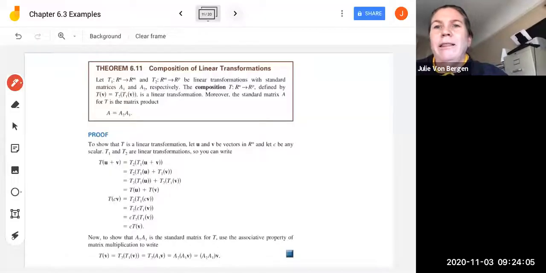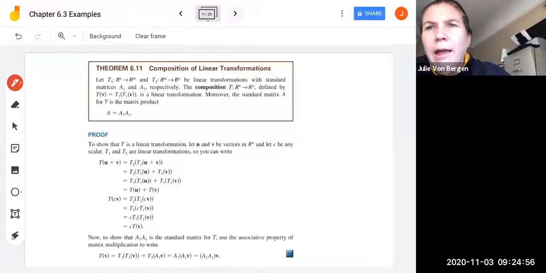Let's take a look at theorem 6.11. Theorem 6.11 says we let T1 map from Rn to Rm, and T2 map from Rm to Rp, and these are linear transformations with standard matrices A1 and A2, respectively. So standard matrix A1 is associated with linear transformation T1, and standard matrix A2 is associated with linear transformation T2.